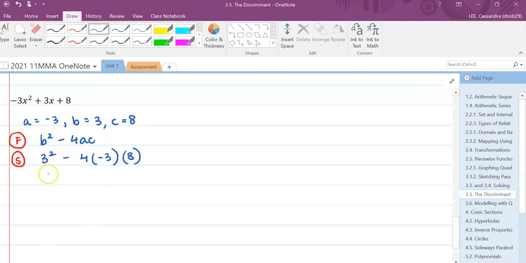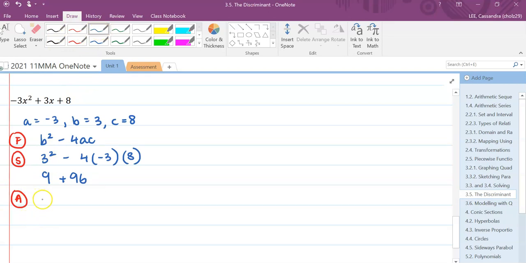Simplifying here, we have 9 take away 4 times negative 3 times 8. Well, 4 times 3 is going to be 12. 12 times 8 is going to be 96. And we are going to add those two values since we have our negative and our negative here. Okay, so straight away we can see that this is going to be a positive solution.